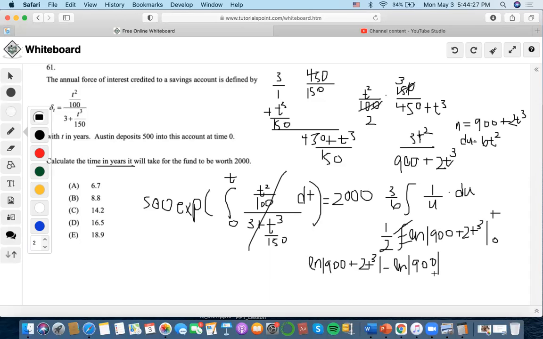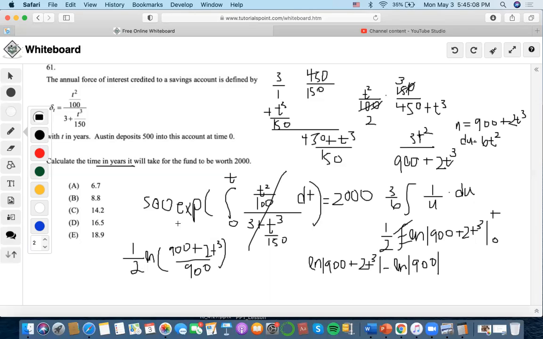Now there is an issue because the variable is trapped inside of here. So we're going to use the law of logarithms for subtraction and convert this into a fraction. So it becomes ln of 900 plus 2T cubed over 900. So now this is what we have left.